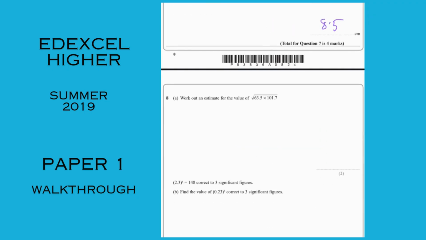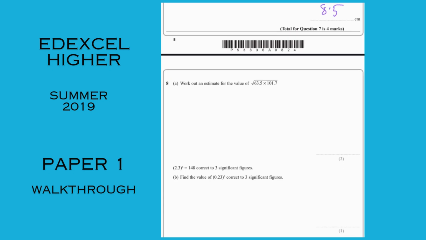Number 8. So the spot here is, yes, 63.5. Tempting to round off to 60. But don't forget, 64 is a square number. So I would go for 64 lots of 100. Or in other words, 6,400. Square root of 64 is 8.